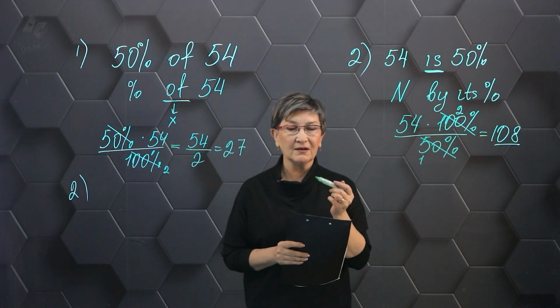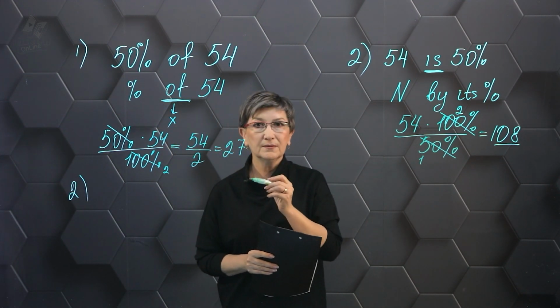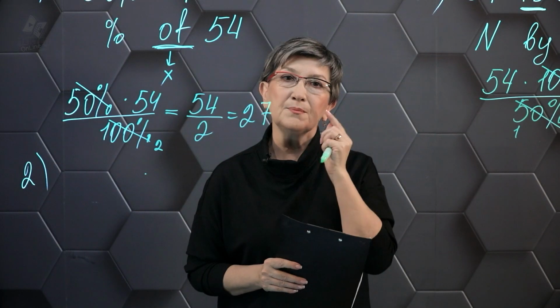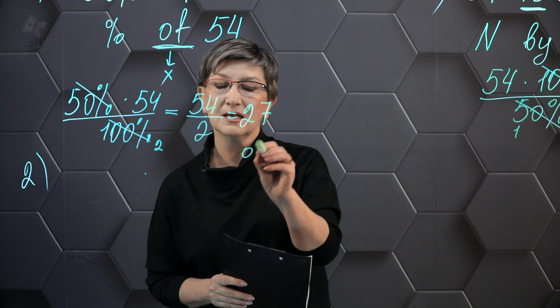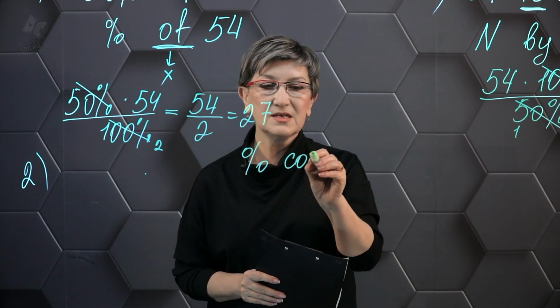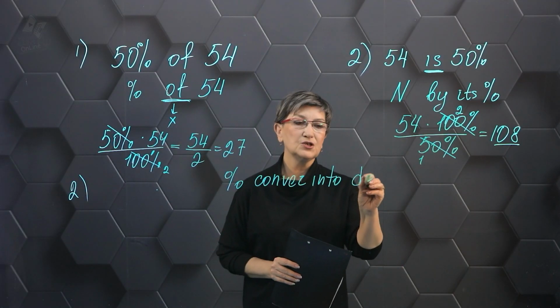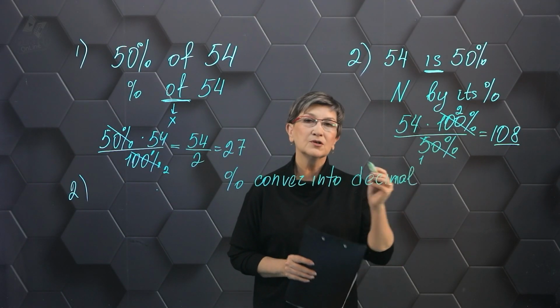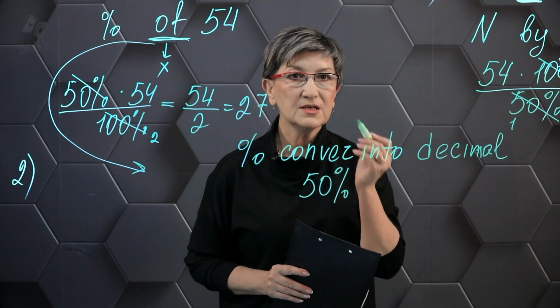So if you see percent of a number, then in this case we multiply. Naturally, the first thing we have to do is convert the percentages into a decimal. 50% we convert to a decimal fraction.